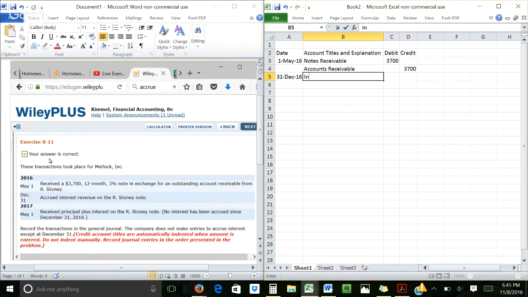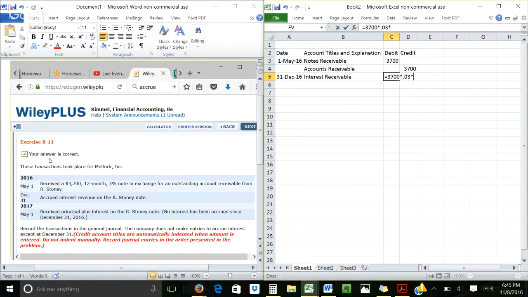This is going to be put on the journal as interest receivable, because as of yet the customer has not paid in cash, so we're going to debit interest receivable, and we're going to have to put the formula for that, which is the principal amount of $3,700 times the interest rate of 3% times the amount of time that has transpired.